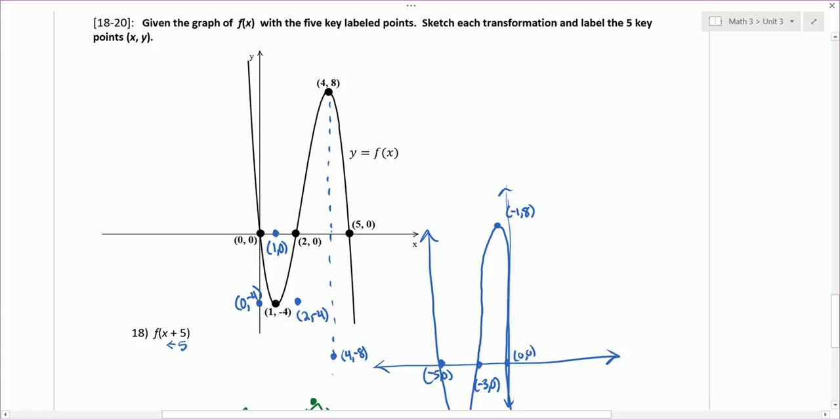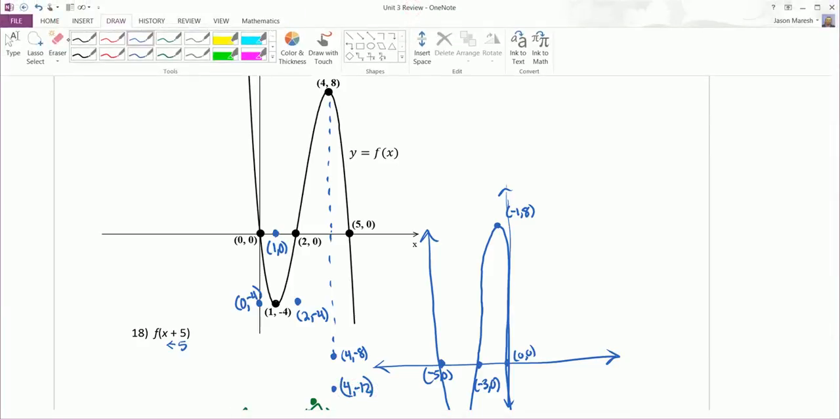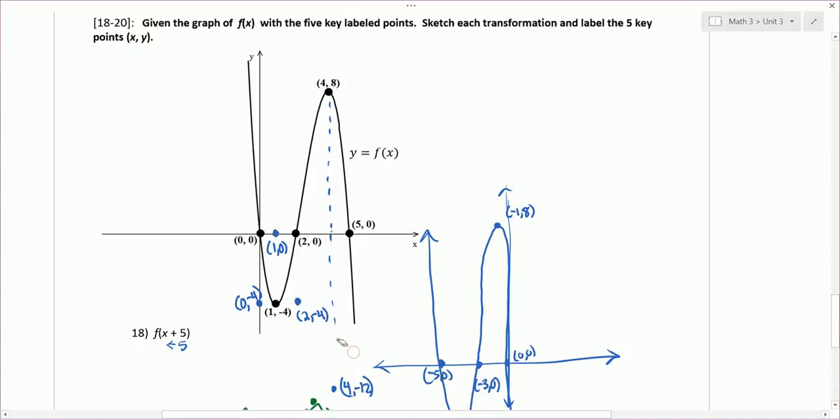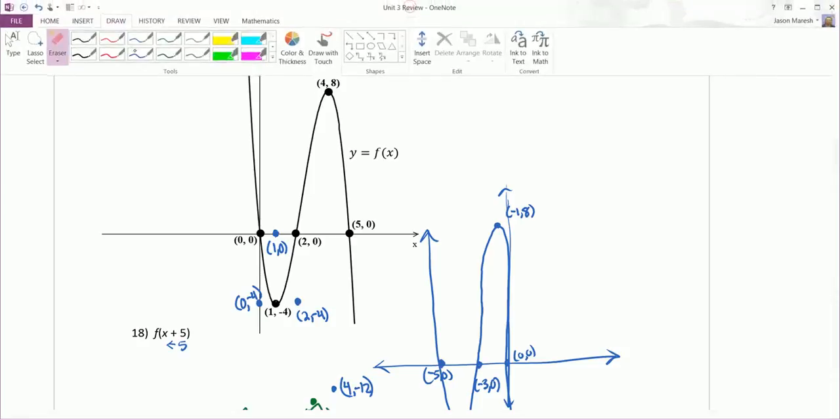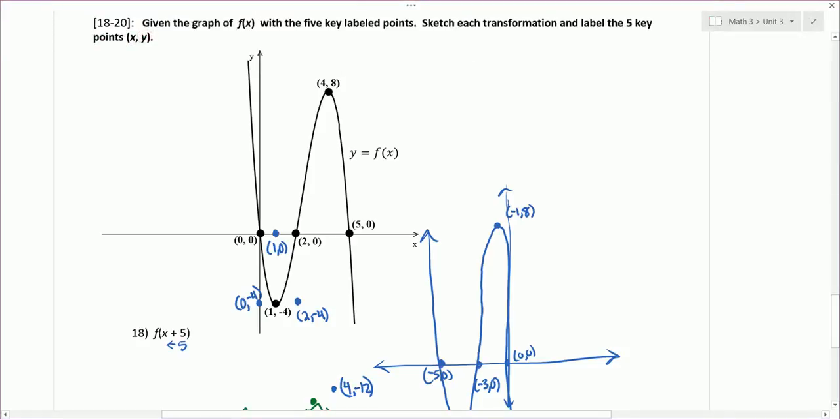And then we want to drop down 4 more, so it's going to be at 4, negative 12. And last one, the 5, 0, when you reflect that across the x-axis, it's still there, and then you drop it down 4 units to 5, negative 4. So those are our key points.